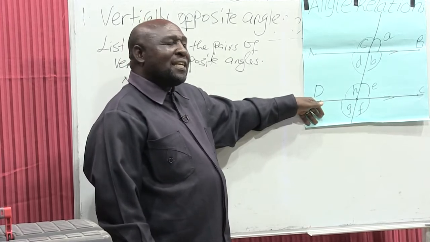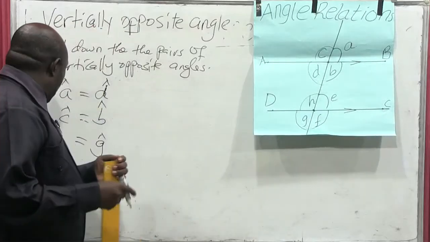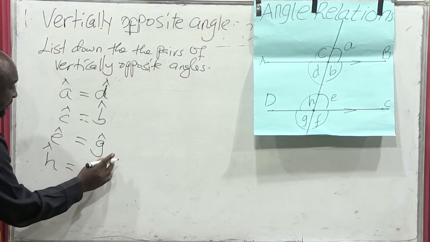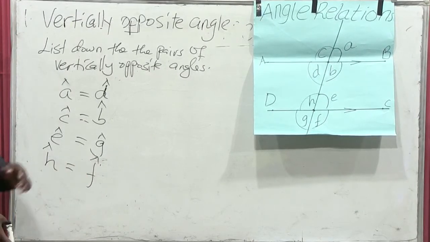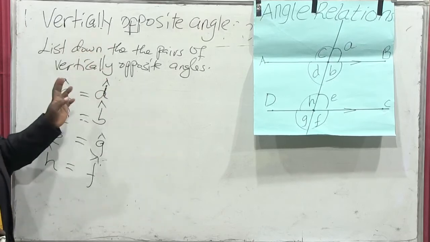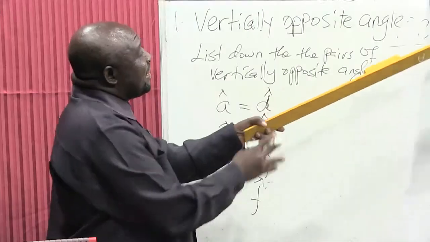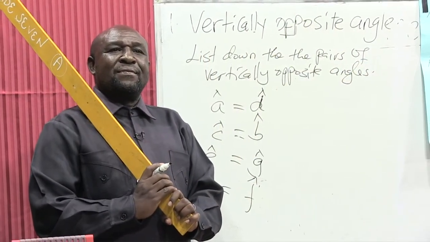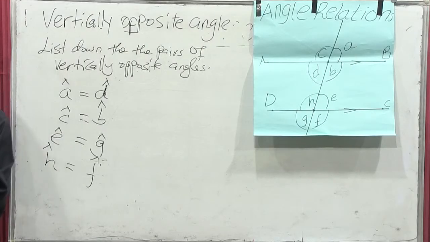So the opposite one is F. When you say H equal to F. Is there any vertically opposite angles, any pairs of vertically opposite angles in this particular diagram? Says no. So thank you very much.